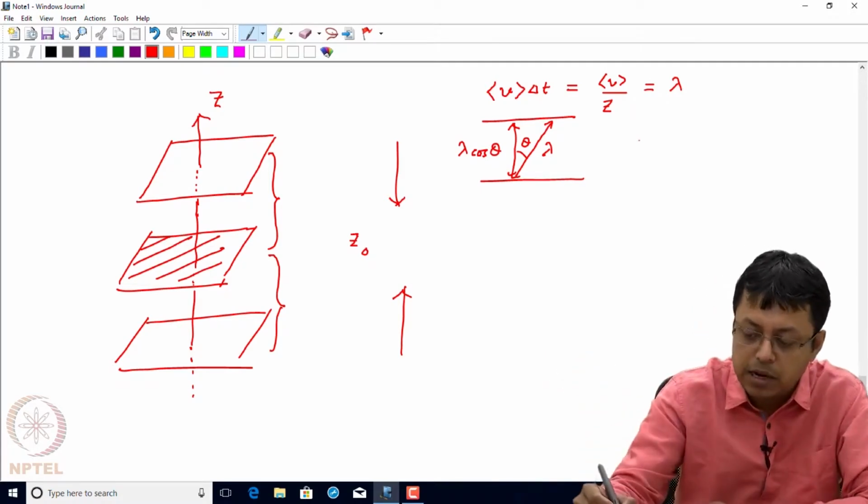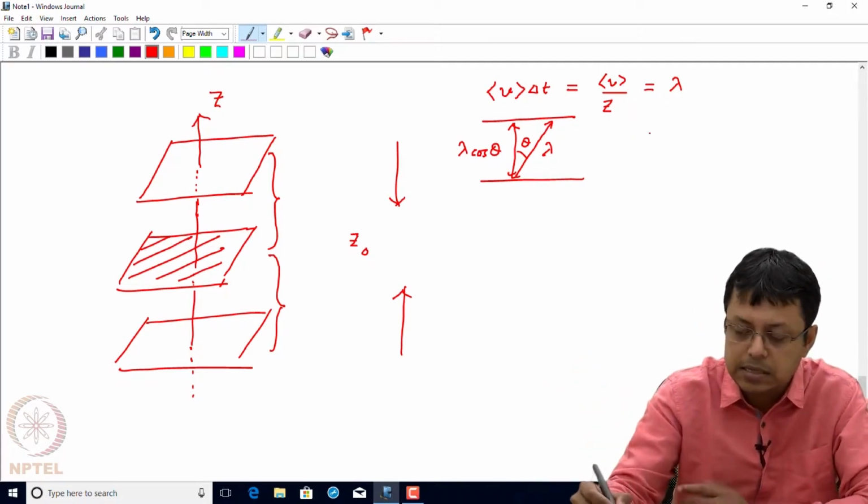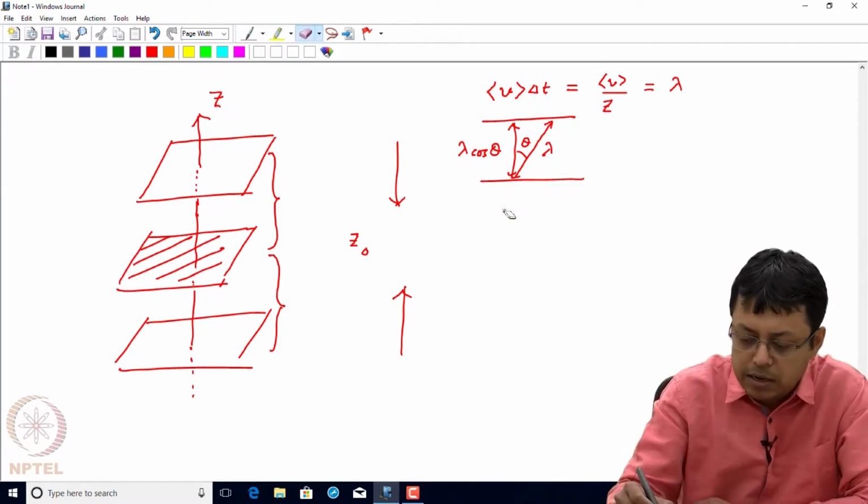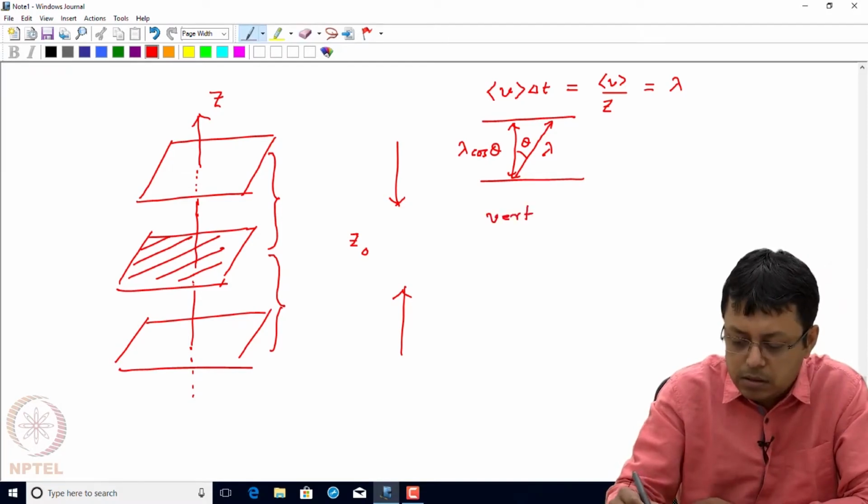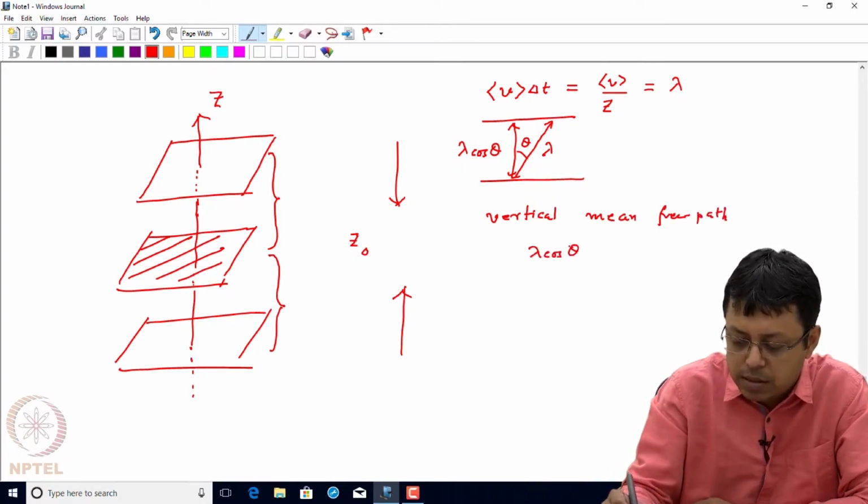The vertical distance between these layers, or the vertical mean free path, will be the average of lambda cos theta.